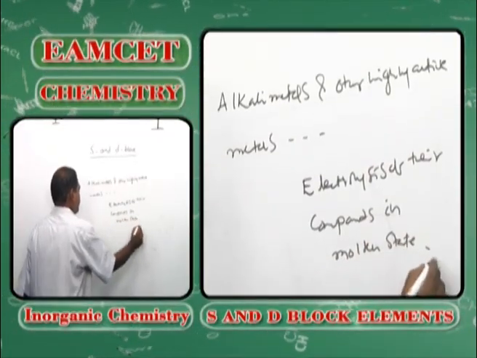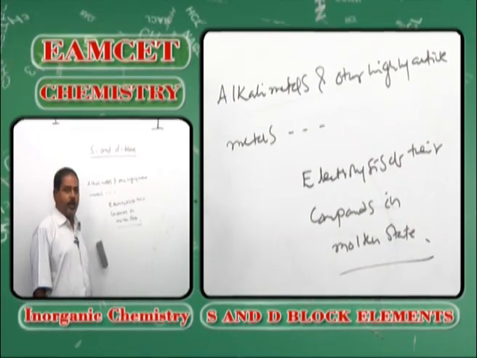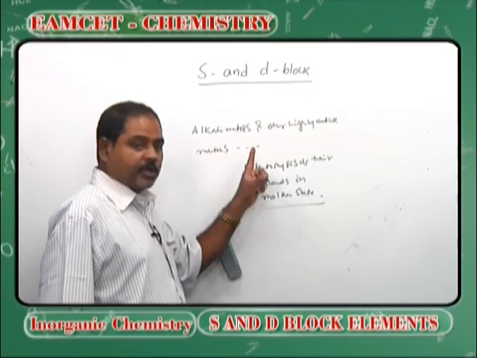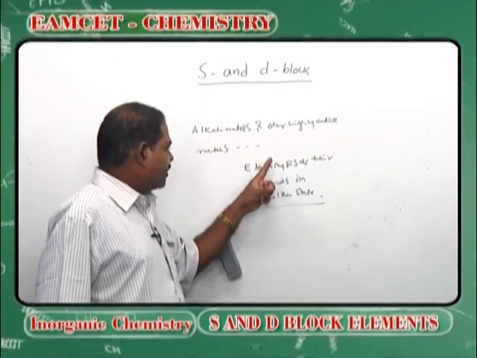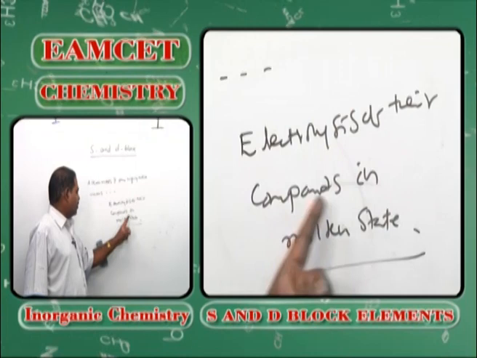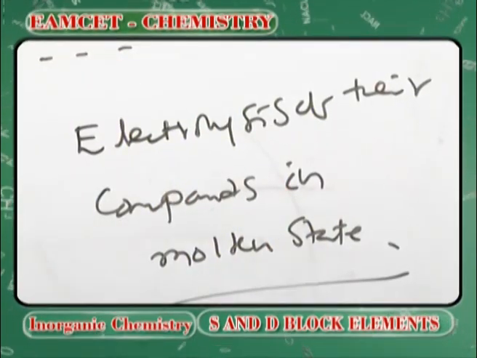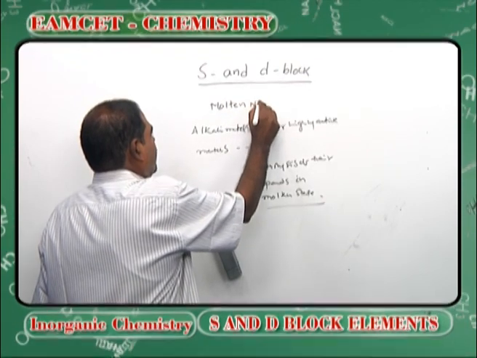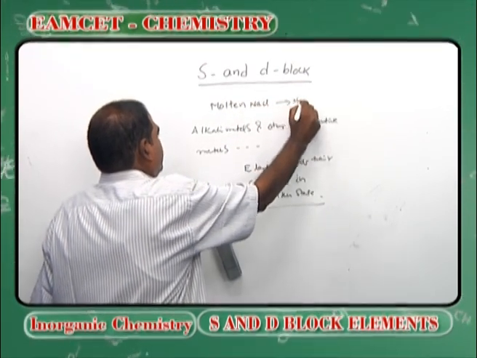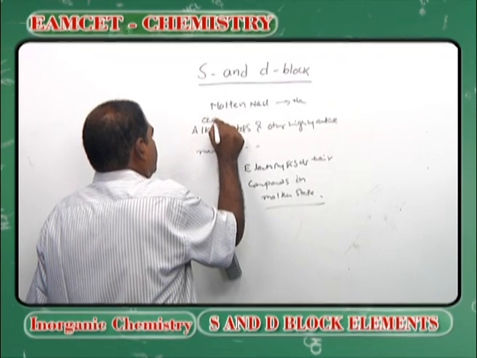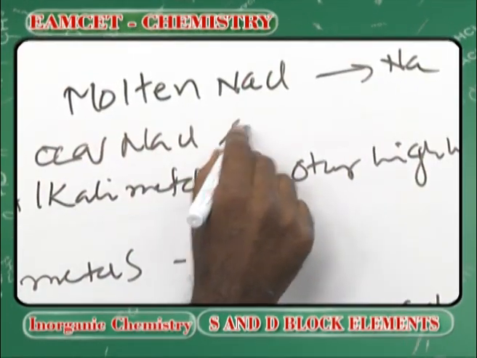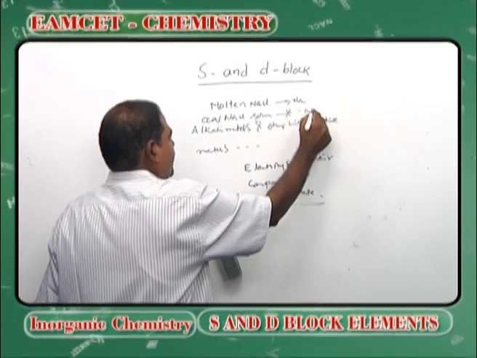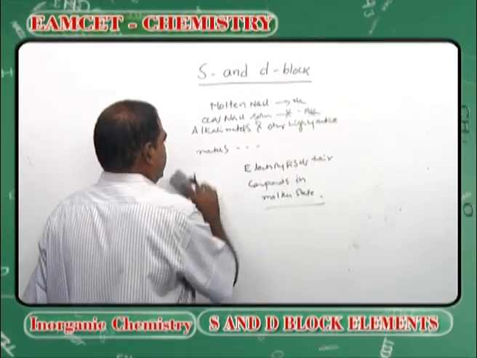Only yesterday we discussed this in metallurgy, in the last class. Alkali metals, other highly active metals, they can be extracted by electrolysis of their compounds in molten state. So, molten NaCl only on electrolysis gives sodium. Aqueous NaCl solution, you don't get sodium, instead you get hydrogen, right.